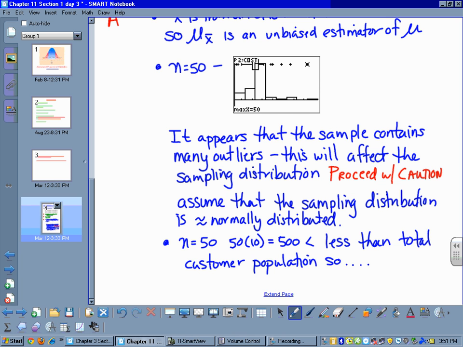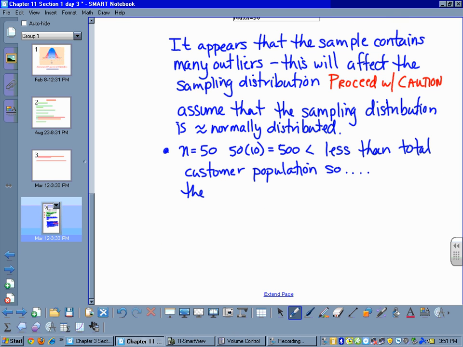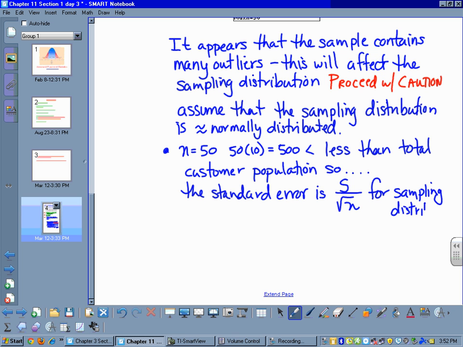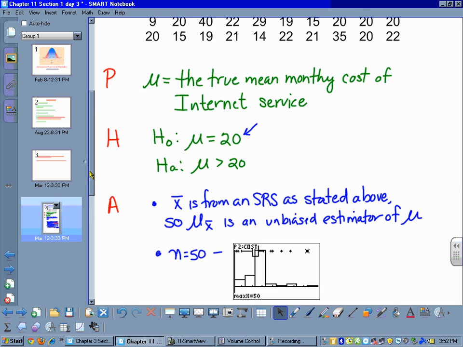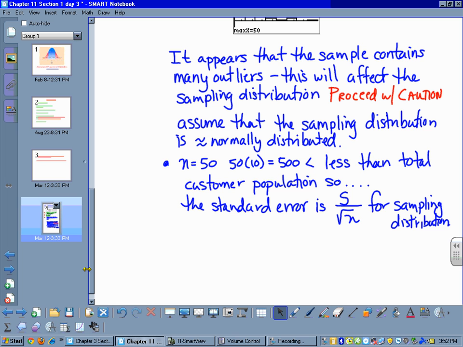So the standard error is S divided by the square root of n for the sampling distribution that we technically don't know if it's normal or not, but we continue. Okay, that is the hardest and longest part.